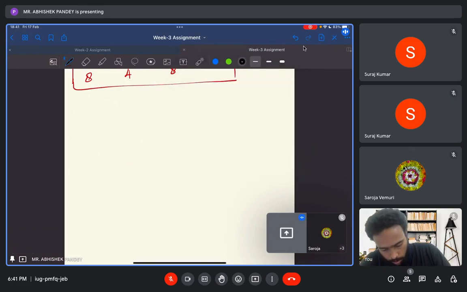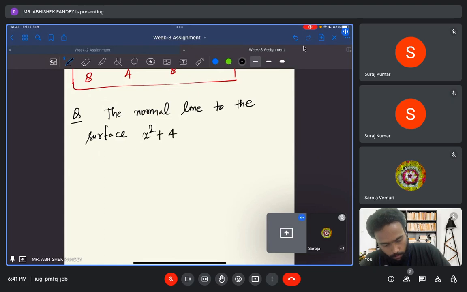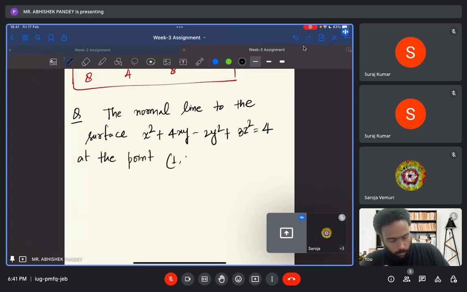Now the next question is the normal line to the surface x square plus 4xy minus 2y square plus 3z square equals 4 at the point (-1, 0, 1).